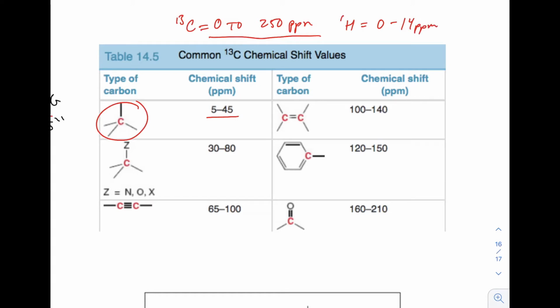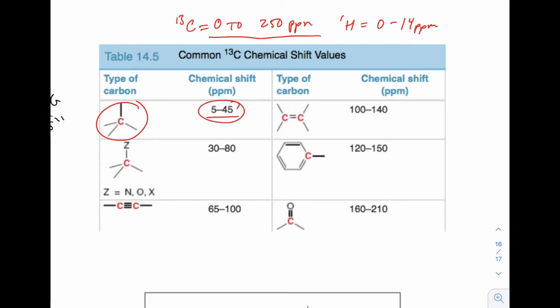So that window is drastically different, and remember, that's just based off of the frequency of the electromagnetic radiation that it absorbs, an inherent property based off of the magnetic environment of those carbons. But the cool thing is that these spectra look pretty much identical to proton NMRs, other than the coupling, and we'll see that in a second.